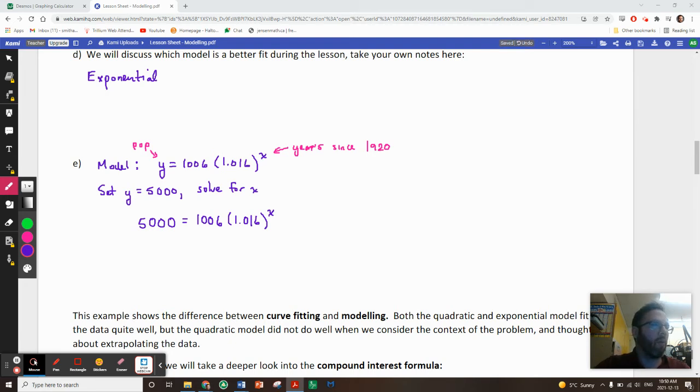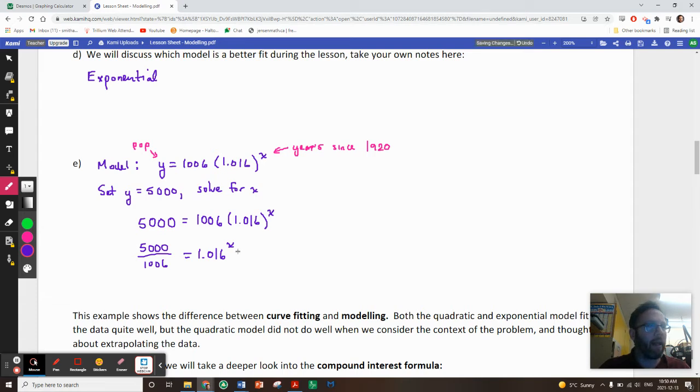We're going to want to keep some accuracy here, so I'm going to leave things exact. To get 1.016 to the x by itself, we divide by 1006, but I'm not going to get a decimal. I'm just going to leave it as 5,000 over 1006. We'll let our calculator sort out the work later.